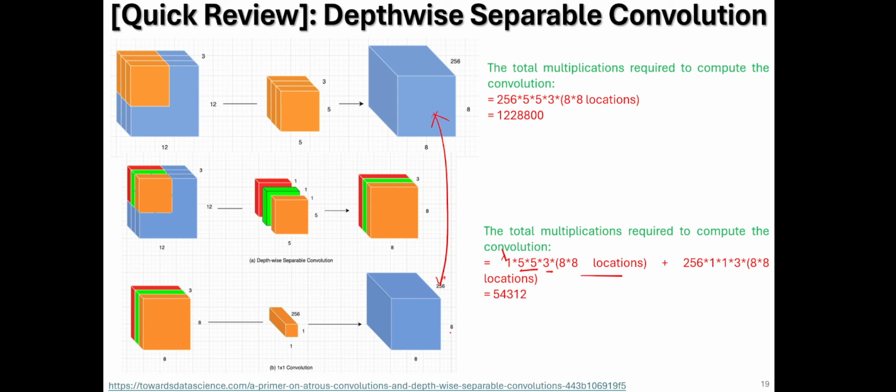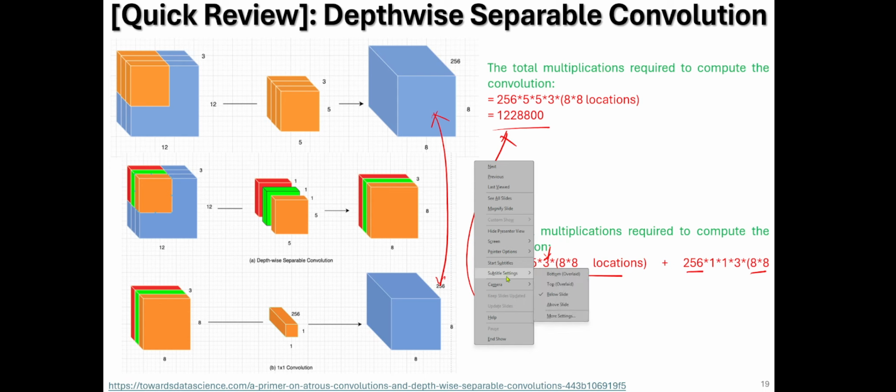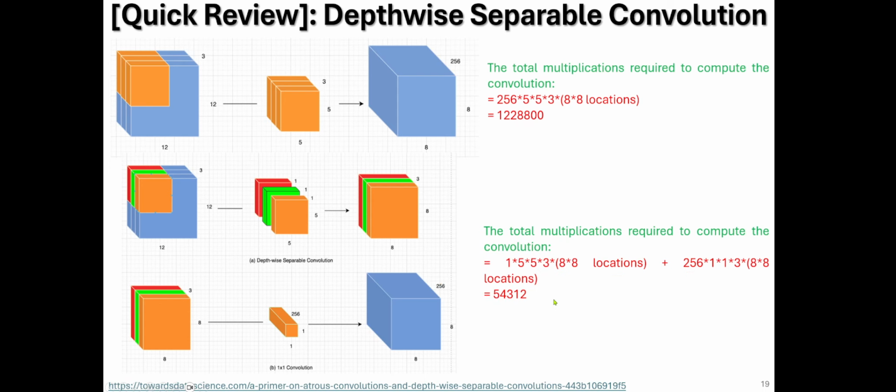And then for this one, you have again 8 cross 8, and 256 output channels, and 3 channels to process, because now you are operating on them together. So you have this total operation. You compare this and this, and you can see so much reduction in the number of multiplications. That is very interesting actually.